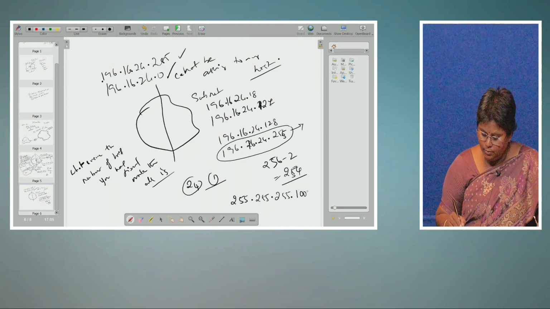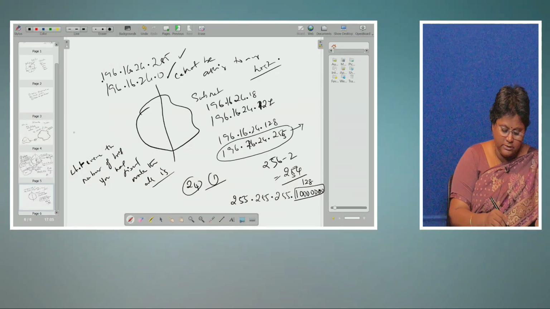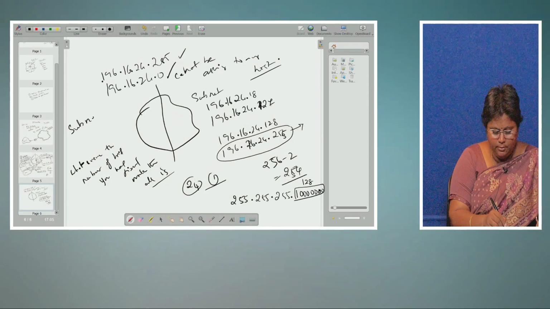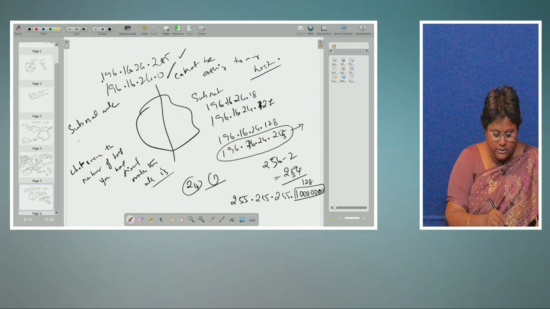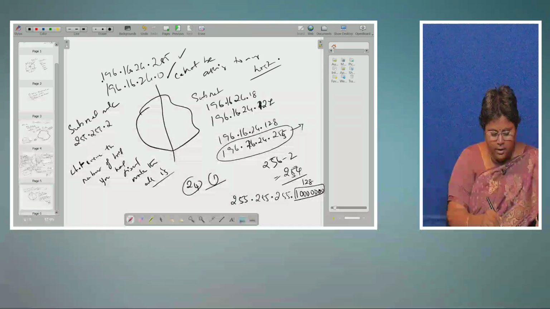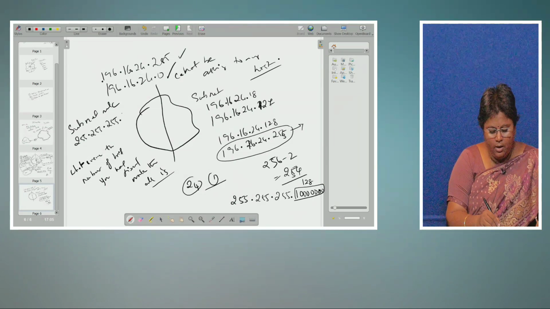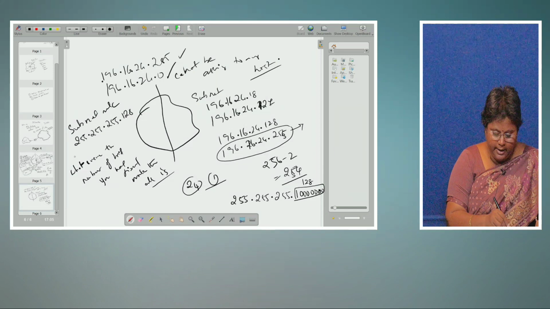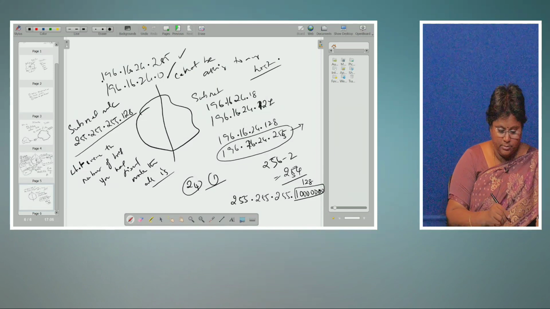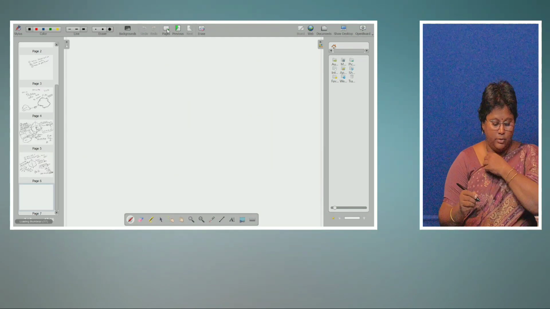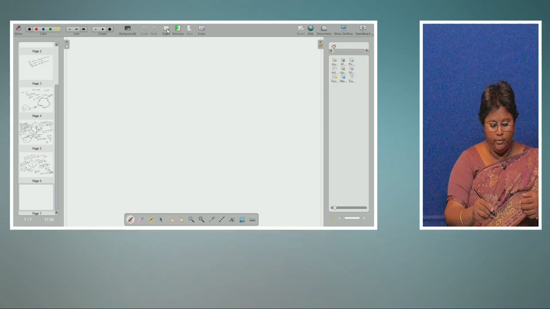Counting 1, 2, 3, 4, 5, 6, 7, 8, this number turns out to be 128. So your subnet mask will turn out to be 255.255.255.128.